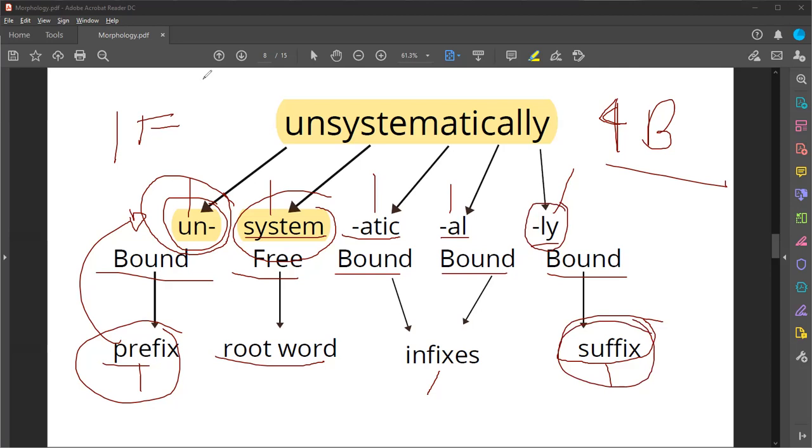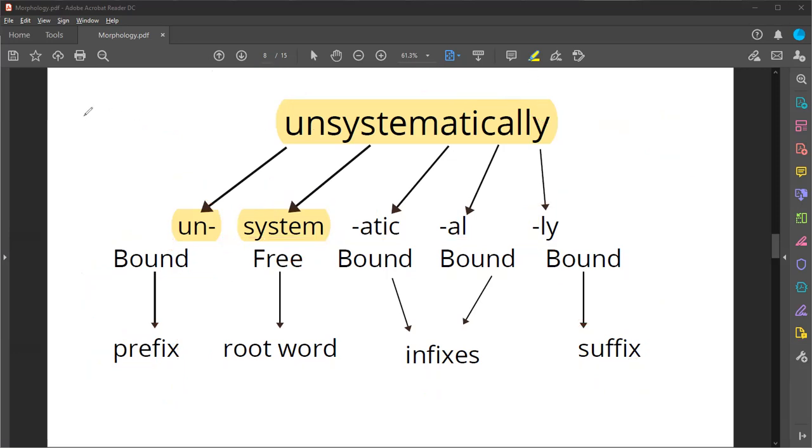Just like when we talk about kindly, kindly. So this will be the suffix, okay? Suffix. Then how about when we talk about retell? So tell is the root word and the re is the prefix.